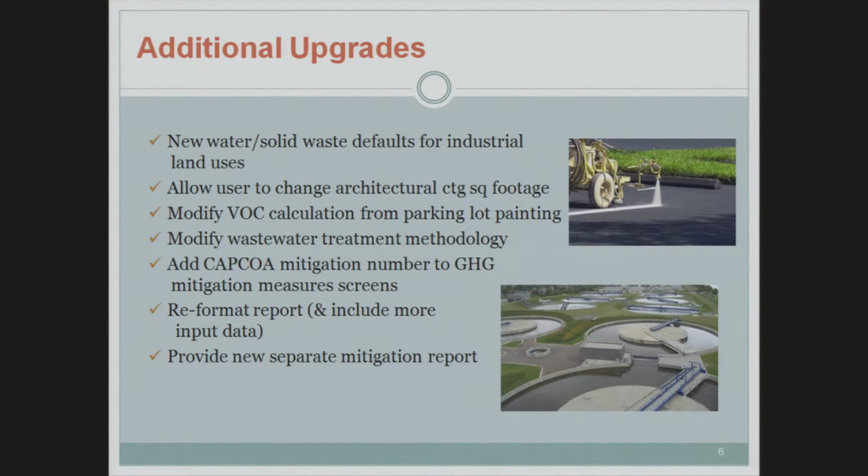Why would you need to calculate for that kind of square footage? So we've now opted to open that up and allow the user to make any necessary changes. But once again, as we've had it consistently, a user would need to justify that change in the remarks box below, and that gets printed out in the report, so someone who's reviewing your project can get a better understanding of why you made that change.